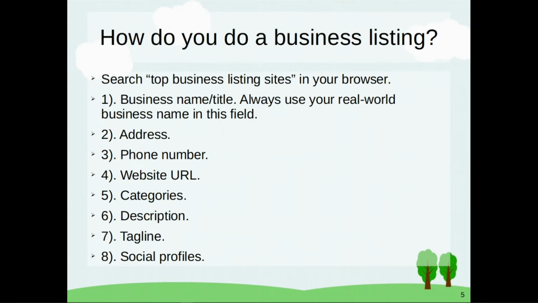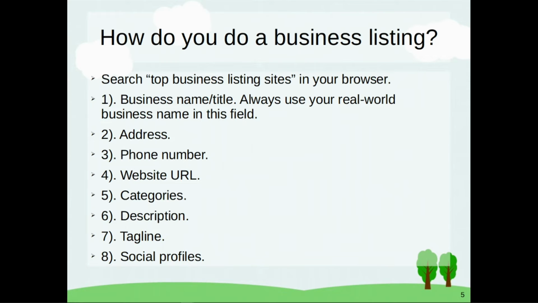Next, you have to give the business name or title. Always use your real-world business name in this field, as we have already discussed that it helps you with a clear-cut business. You have to give your address, phone number, website URL, and specify the categories.